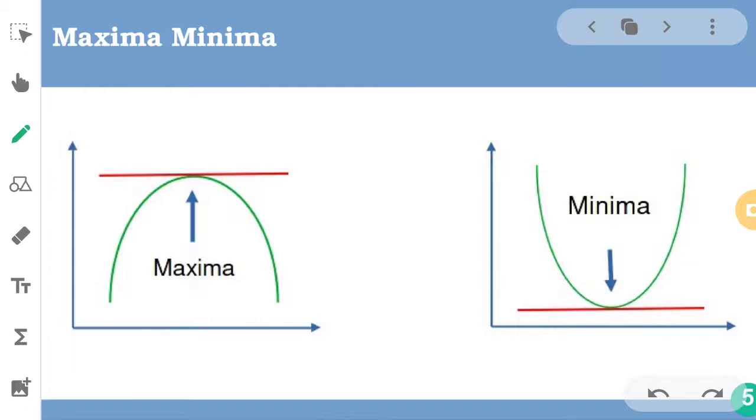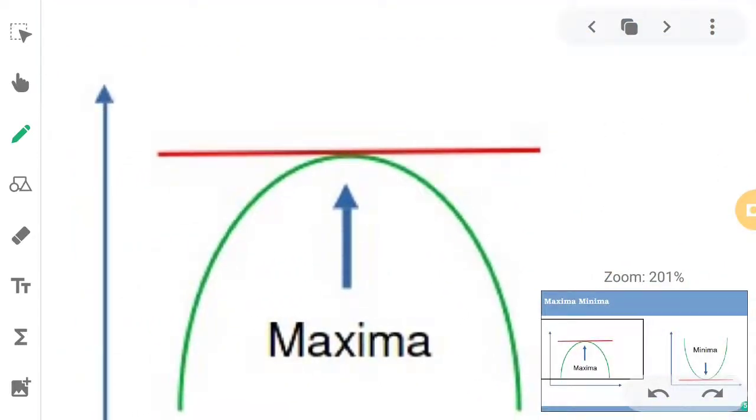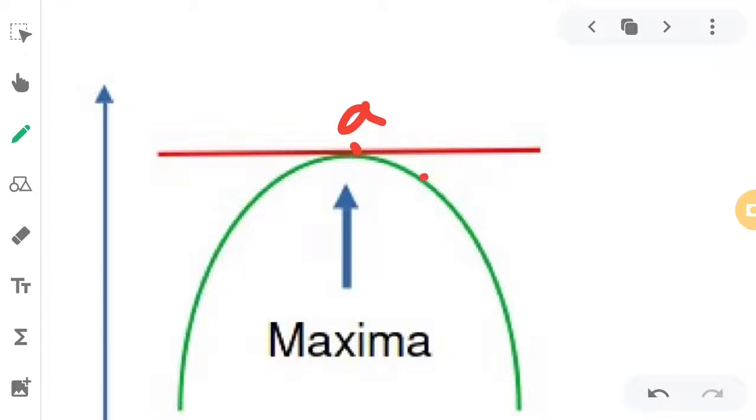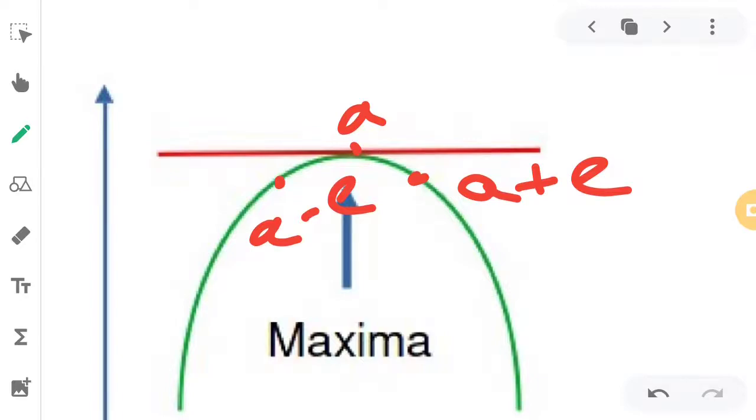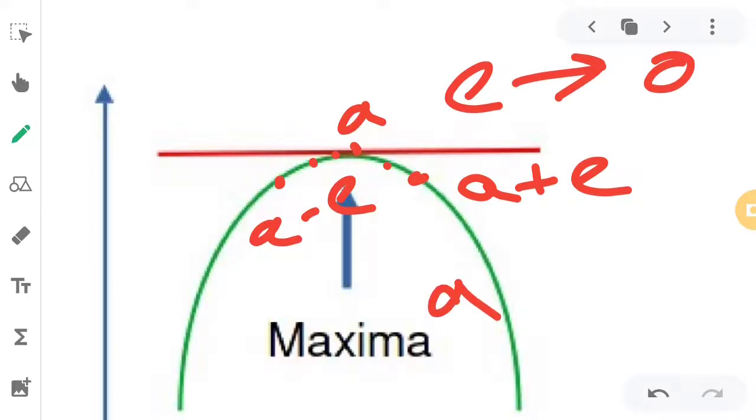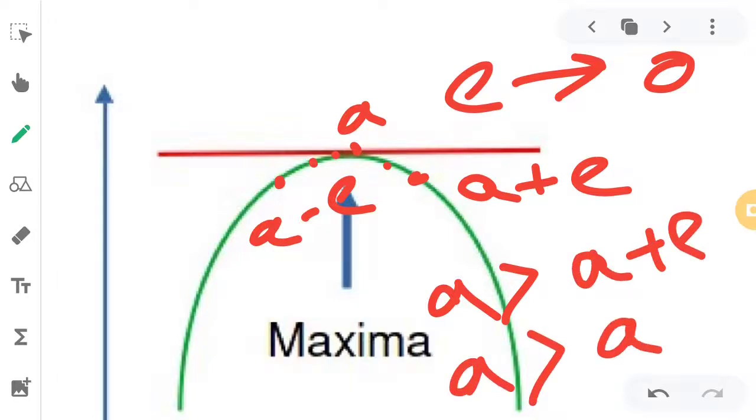Maxima. Suppose this is a point A, this is A plus E, and this point is A minus E. Suppose these 2 points are very close to A, very close, that means E tends to 0, then A is always greater than A plus E and A is greater than A minus E. This is the concept of maxima.